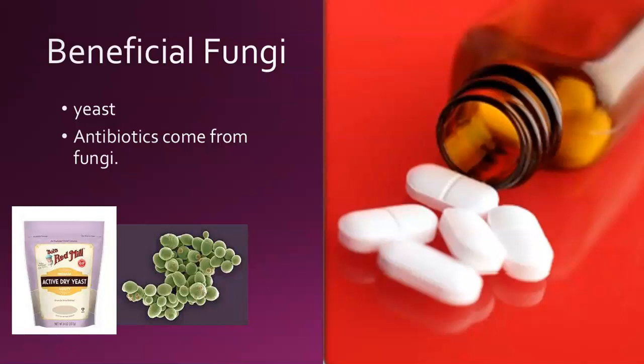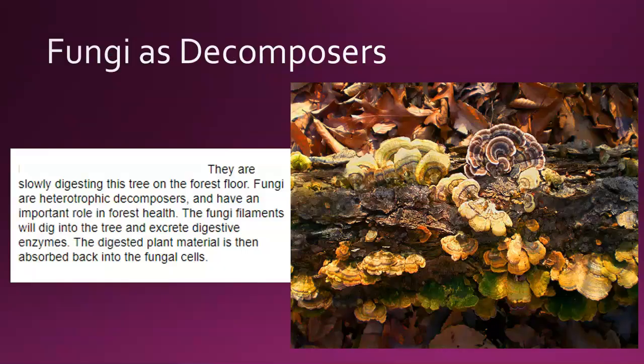And as you learned earlier, some antibiotics come from fungi. Antibiotics are drugs that kill bacteria, and the list of antibiotics extracted from fungi continues to grow. Important antibiotics that have been found in fungi include penicillin and cephalosporins, and cephalosporins are used to treat athlete's foot, which is a fungus.